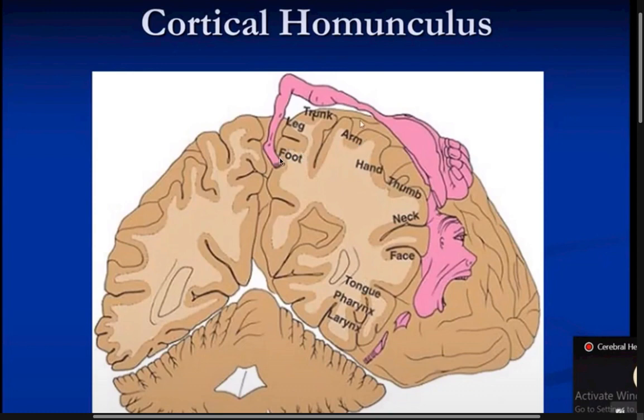The foot, the leg, and the trunk are located more superior, while these areas are inferior in the body. However, the face, the neck, the tongue, the pharynx, and the larynx, which are in the most superior part of the body, are located in the most inferior part of the cortical homunculus. So that's why it is demarcated upside down.